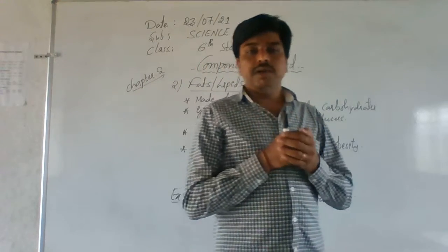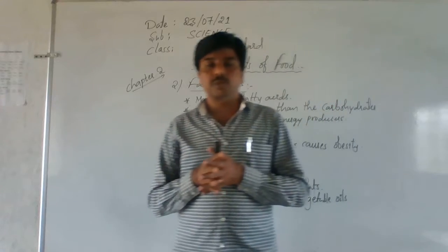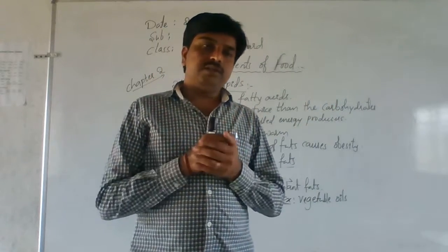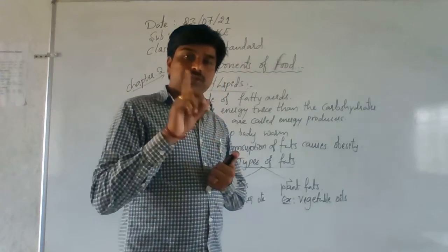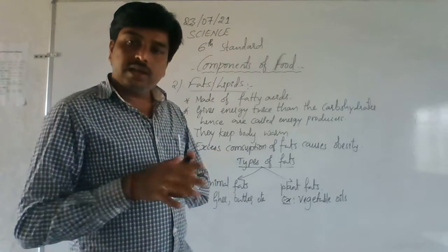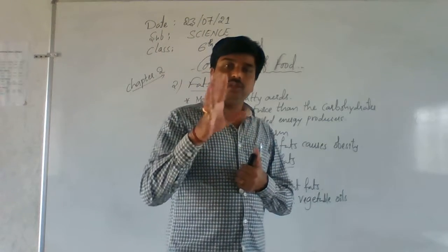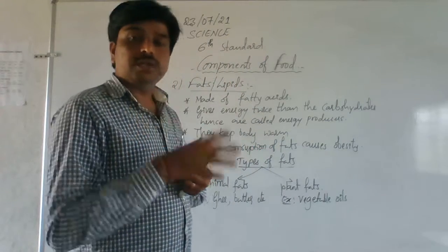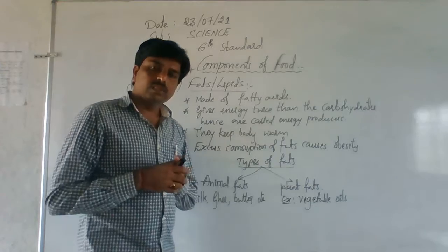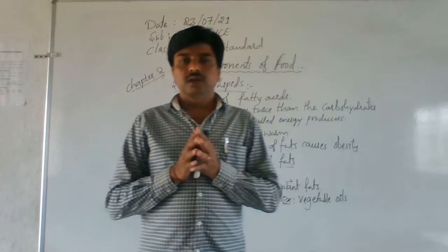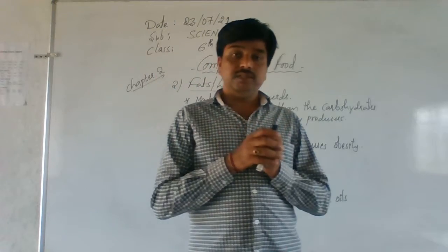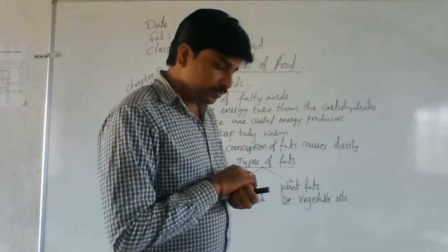I explained what carbohydrates are and their sources. Carbohydrates are mainly present in our food in two forms: starch or sugar. I also explained the tests for the presence of carbohydrates in food.